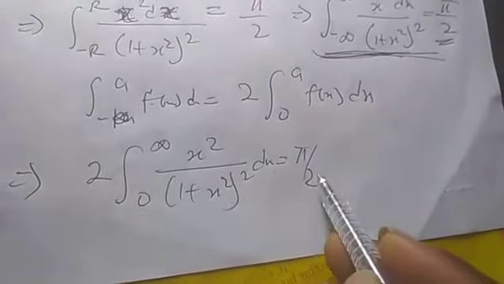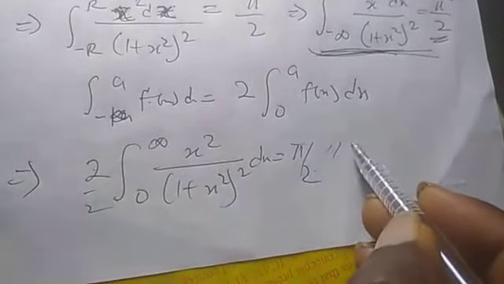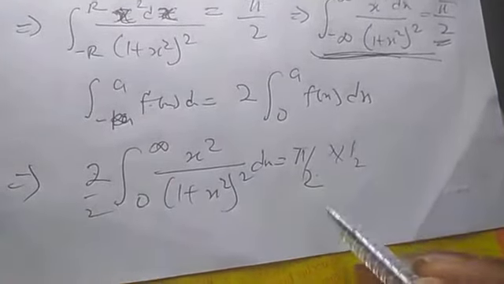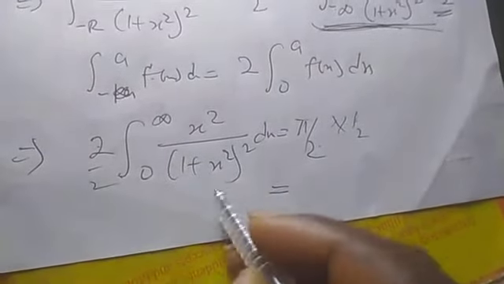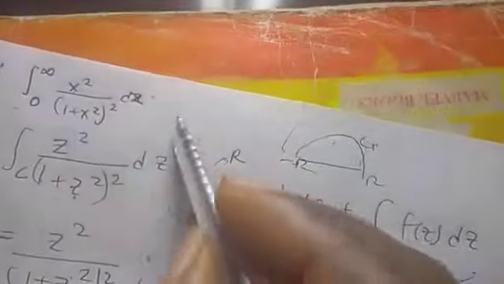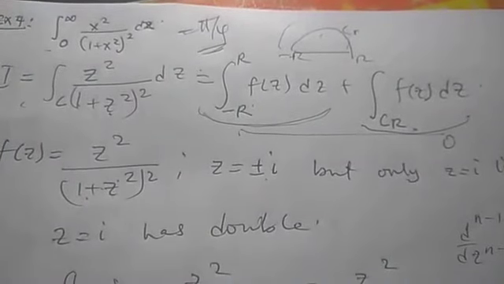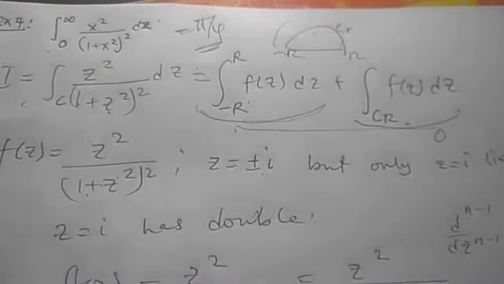If we divide both sides by 2, finally this integral will become pi over 4. So the required integral is equal to pi over 4. That's our answer. Meet me in the next video for the continuation of the topic.